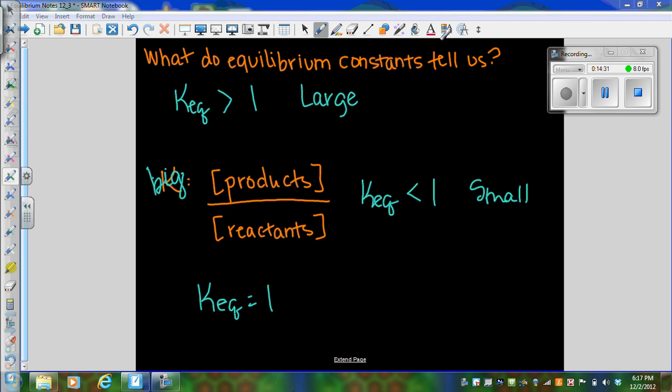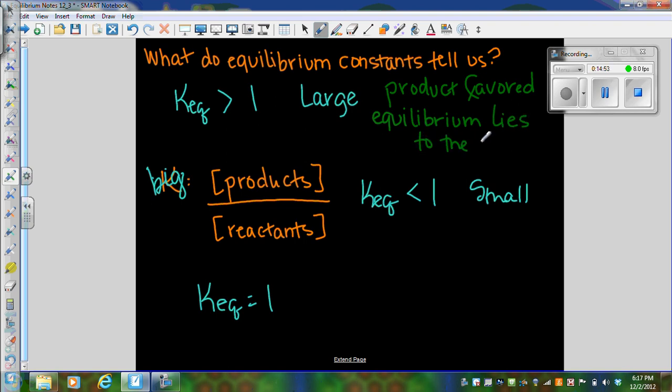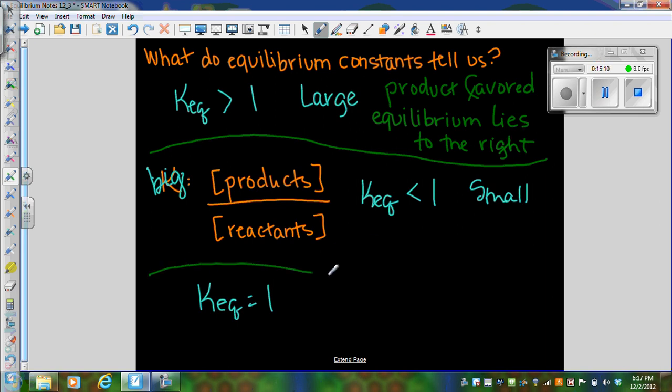And so what we say in this situation is that the reaction is product favored, or the equilibrium lies to the right. If you think about the demonstrations that we did in class, this is what goes on when you're talking about a strong acid or a strong base. Everything is toward the product side.